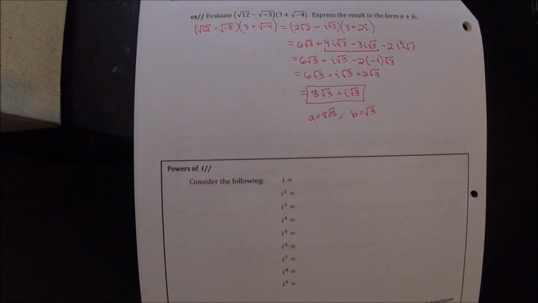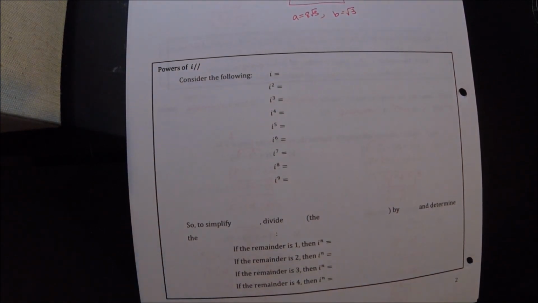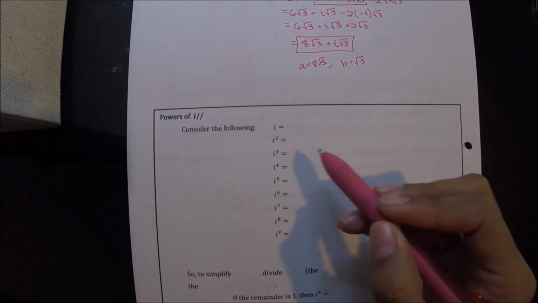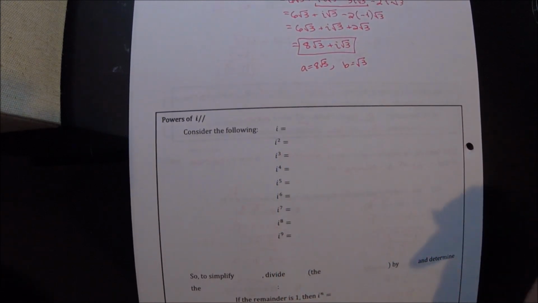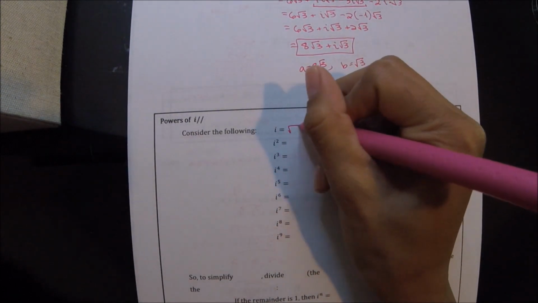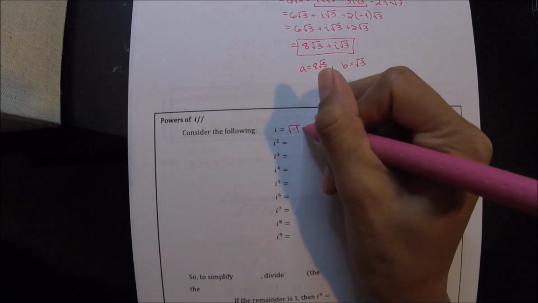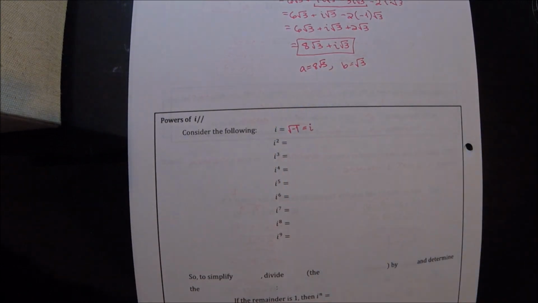Okay, so now let's discuss powers of i. And we're going to start off by just considering each of these powers. So i itself is equal to what? The definition is that it's root negative 1. Okay, but I'm just going to call it i again.